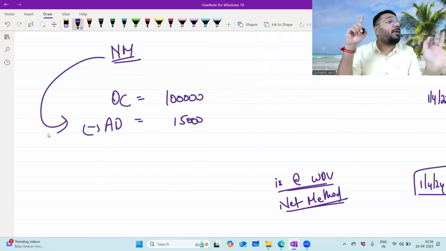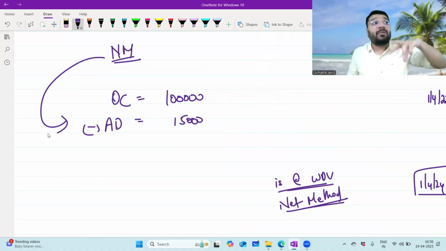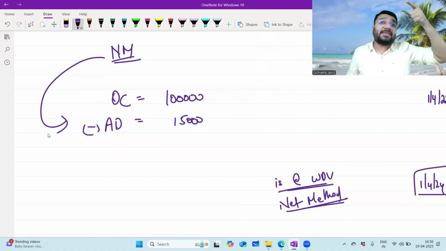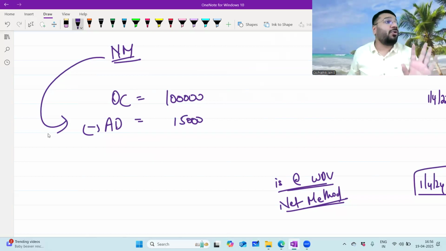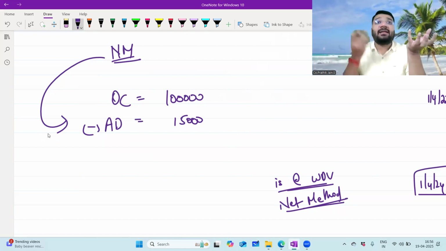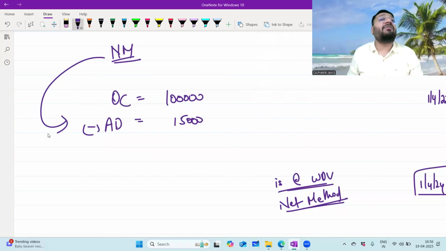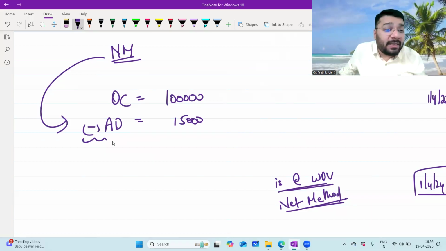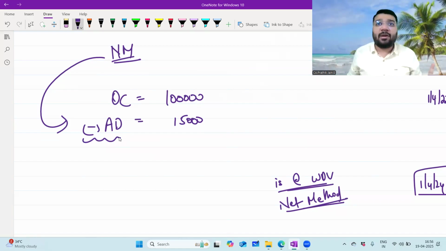Accumulated depreciation means the total depreciation right from the date of purchase of the asset till the asset is sold, everything put together. Here it is 15,000. It doesn't mean that the depreciation is accounted under the accumulated depreciation method or provision for depreciation method. Am I loud and clear?